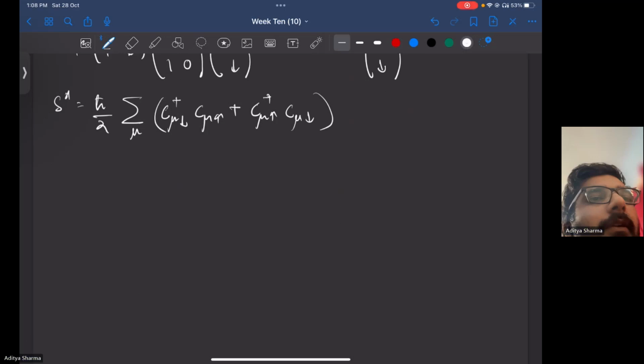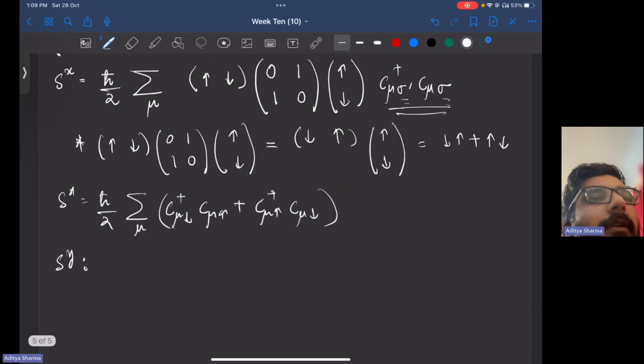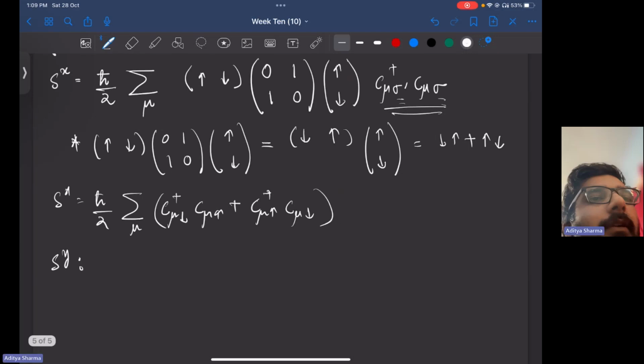Similarly, you do it for Sy. For Sy, you're going to look at the matrix and calculate this.